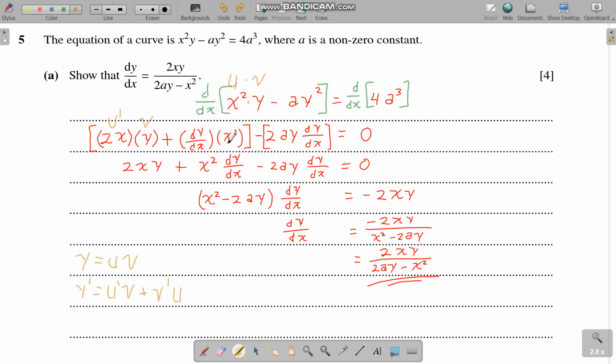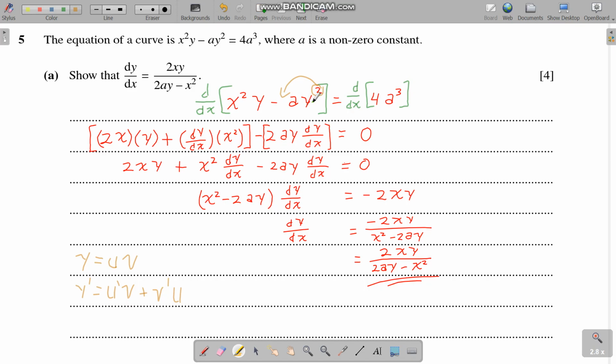And the v prime is the derivative of y with respect to x, so it's not just 1, but actually 1 dy/dx. This is v prime. The u is x squared, rewrite the x squared.